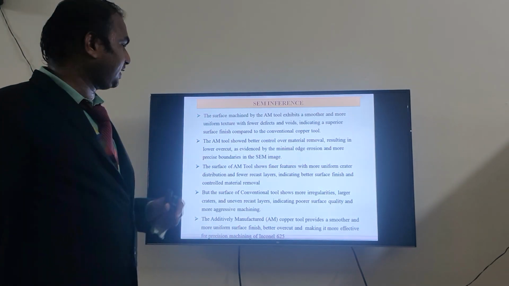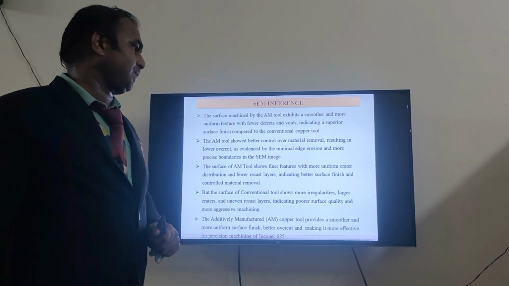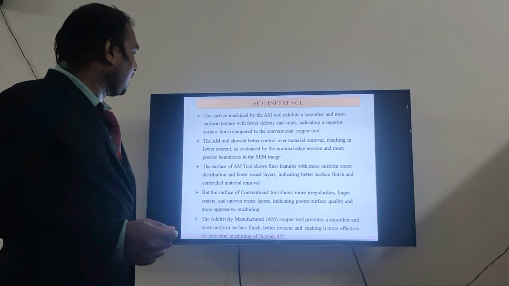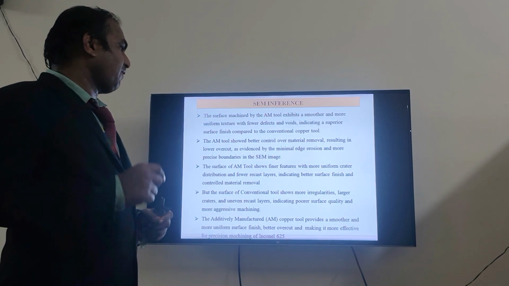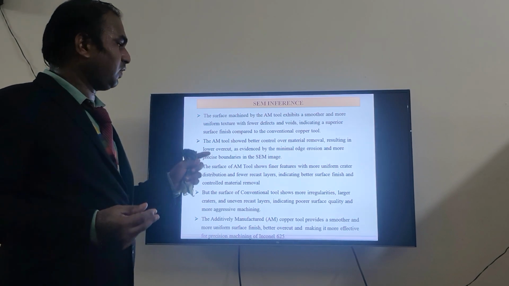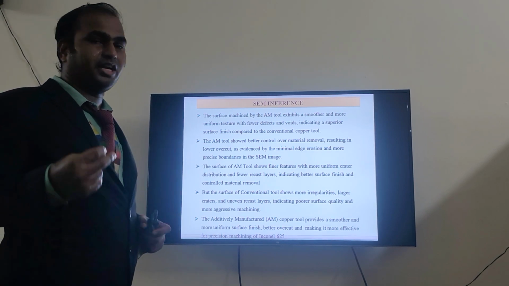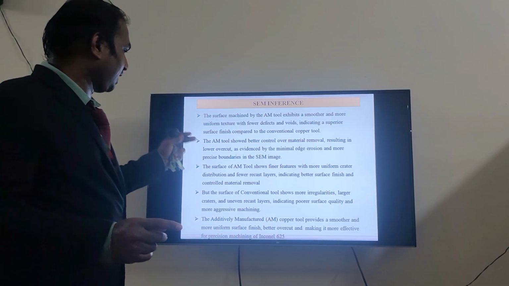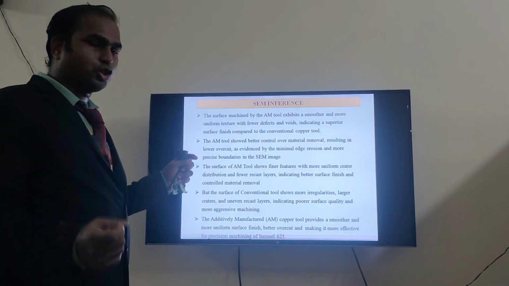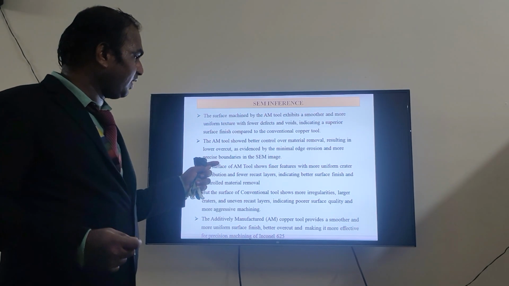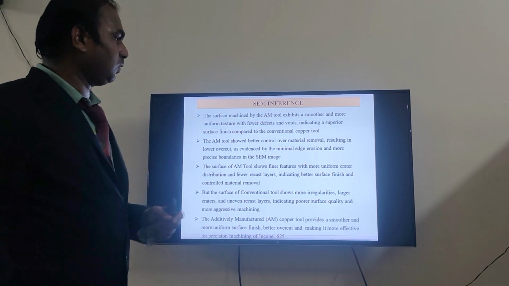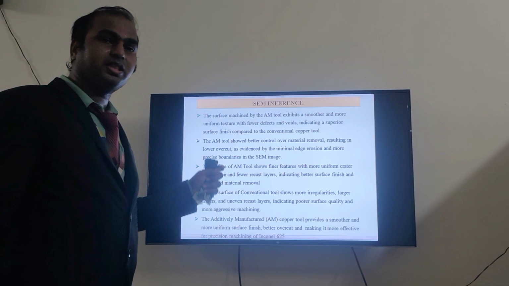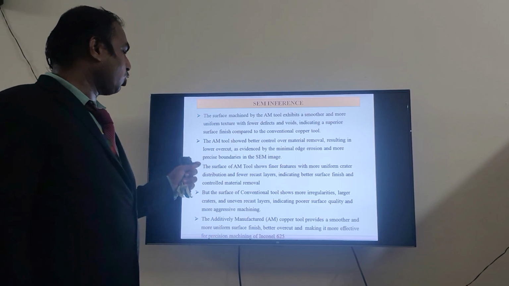The first is that the surface machined by the additively manufactured tool exhibits a very smooth and uniform texture with very few defects and voids, indicating a superior surface finish compared to the conventional tool. The second point is that the AM tool, as shown in the SEM images, has much better control over the workpiece material, resulting in lower overcut, evidenced by minimal edge erosion and more precise boundaries.